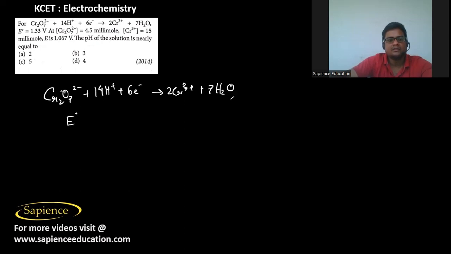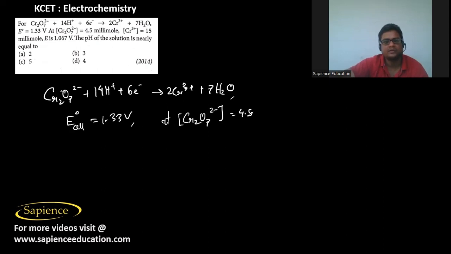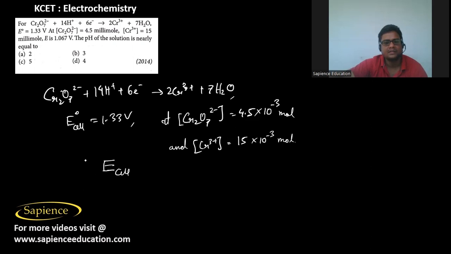So here E naught cell is given as 1.33 volts, and if the concentration of Cr2O7 2 minus is 4.5 millimoles, means 4.5 into 10 power minus 3 moles, and the concentration of Cr3 plus is 15 millimoles, means 15 into 10 power minus 3 moles, then the EMF of the cell, E cell, is 1.067 volts, then the pH of the solution is nearly equal to. So we have to find the pH of the solution.